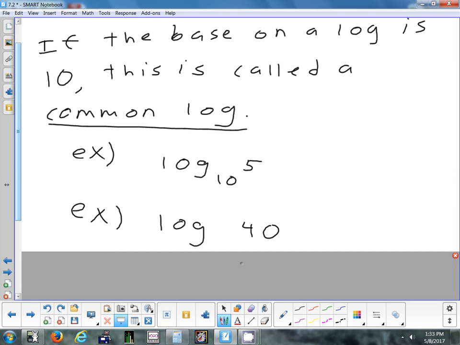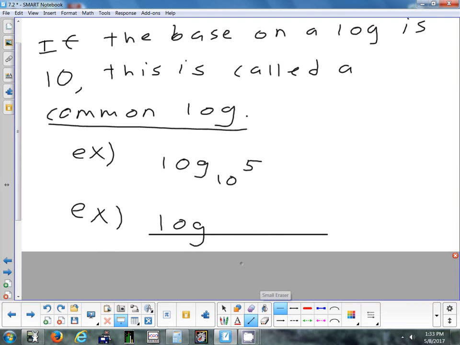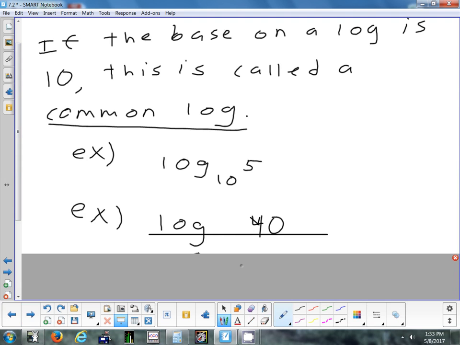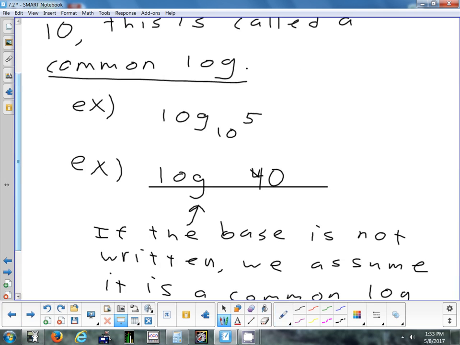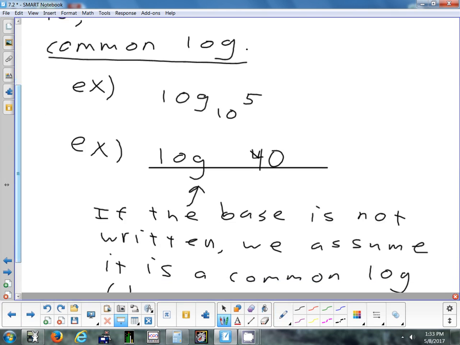Right, the 40 should be right on the line with the word log. That's how I tried to do it. My handwriting looks a little off. So what's different? What's going on? Yeah. It's assumed that the base of log 40 is 10. They didn't put the base, and that's fine. You don't have to. If you want to do a common log, you don't need to write the base.